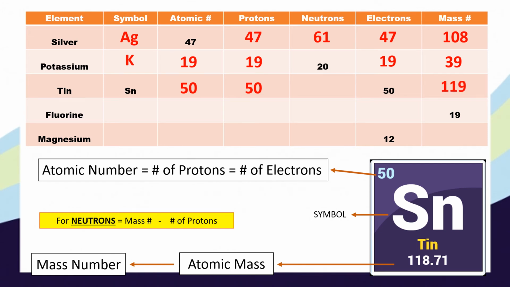For the mass number, if the atomic mass is 118.71, round off to the nearest whole number, you have 119. And for the neutron, mass number 119 minus the number of protons 50, the correct answer is 69. So we have the missing information for the element tin.